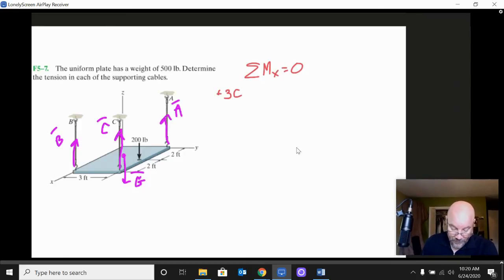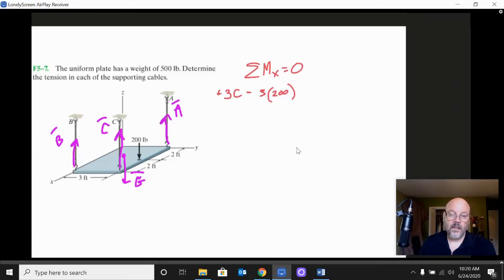Let's go to the 200. Now the 200, if we go X and I go over the 3 to the 200, let me go ahead and put that in here. It's a distance of 3 out to the 200. That's not going to work, I can't bend my fingers that way. If I could, we could see it's going to go this way around that thing, and so that one is negative.